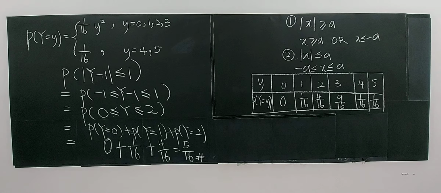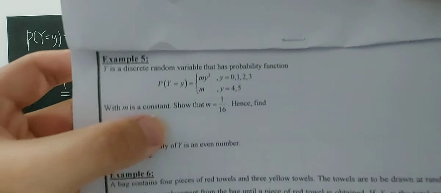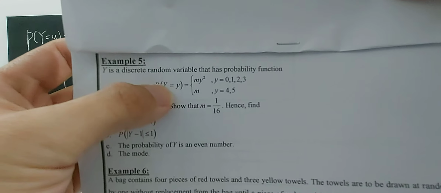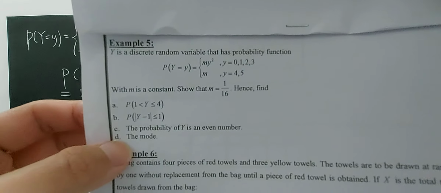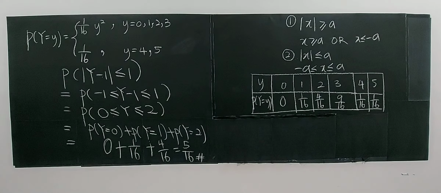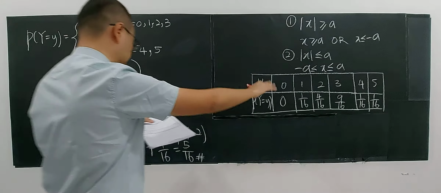Okay, let's look at the final question here. They're asking you to find the mode of the random variable y. Look at the probability distribution table. It's very easy.